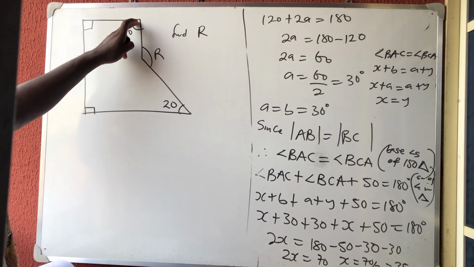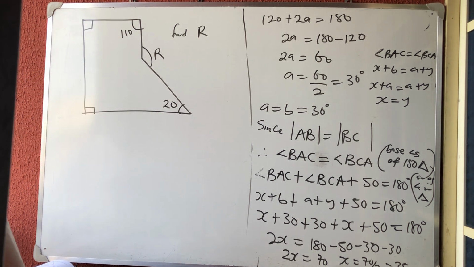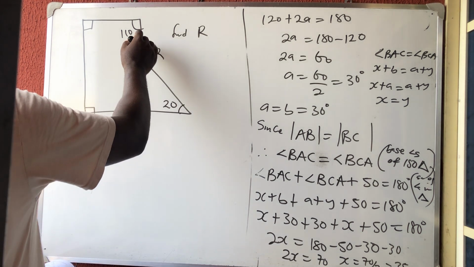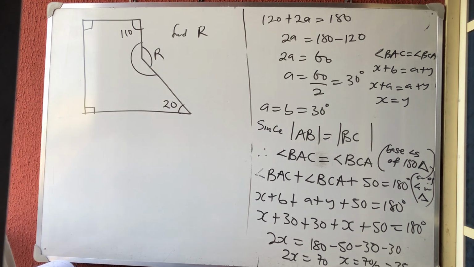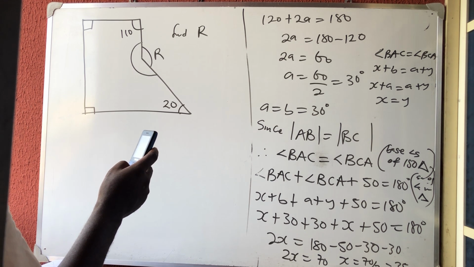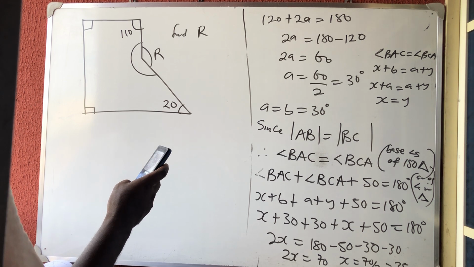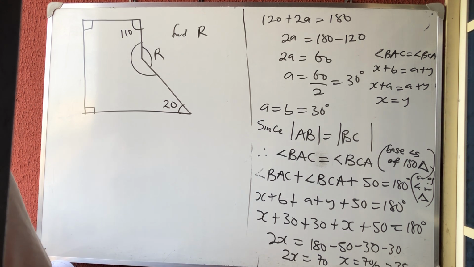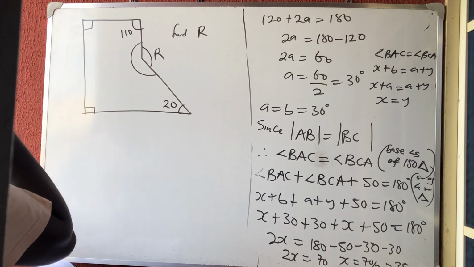This is 1, 2, 3, 4, plus the one outside there, which is 5. This is a pentagon. And the sum of angles in a pentagon is (n minus 2) times 180. That is 5 minus 2, that is 3 times 180, that is 540. So the sum of angles in a pentagon is 540.